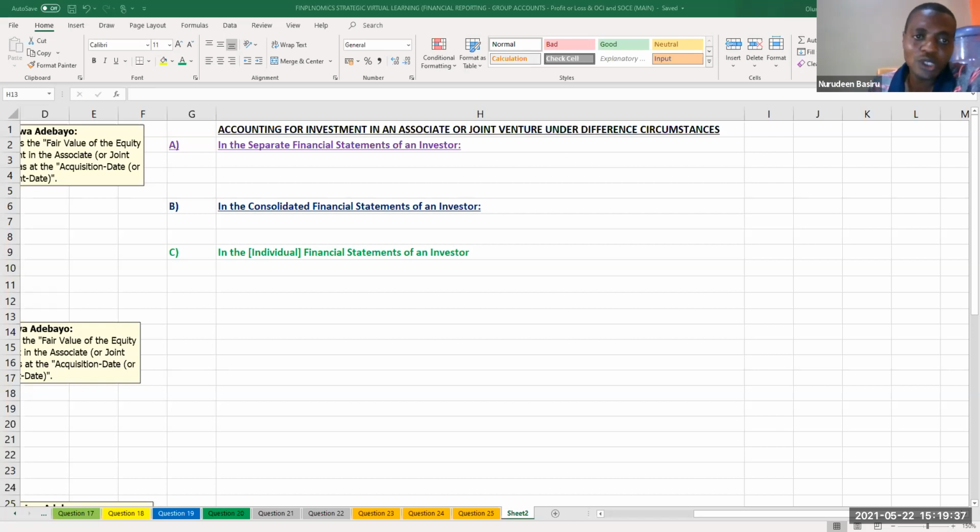But for the individual financial statement of an investor, that is presentation of the investor's statements as a single entity. That is my own understanding.